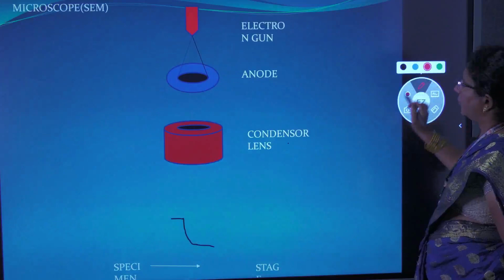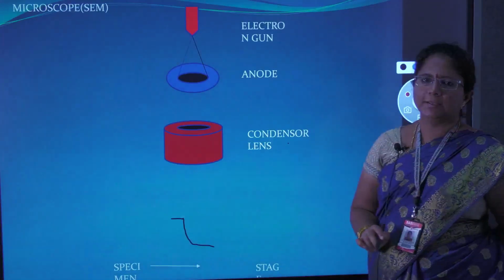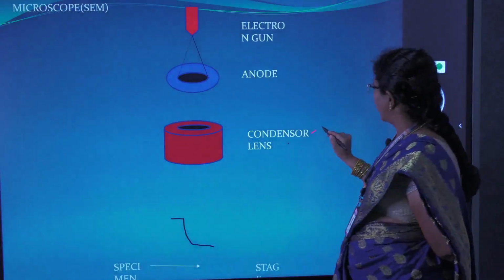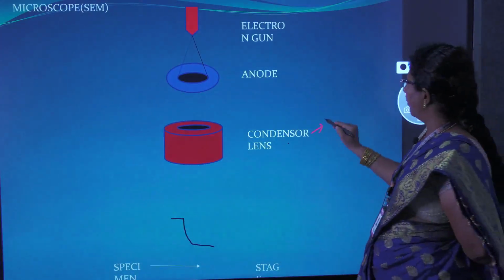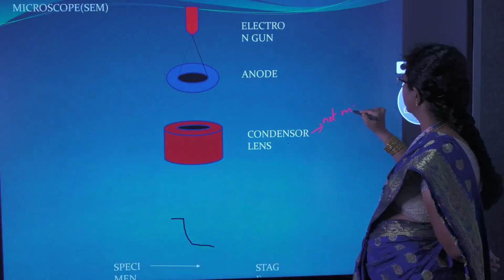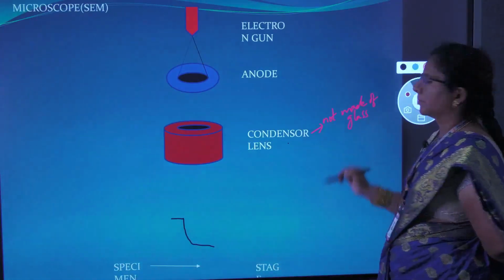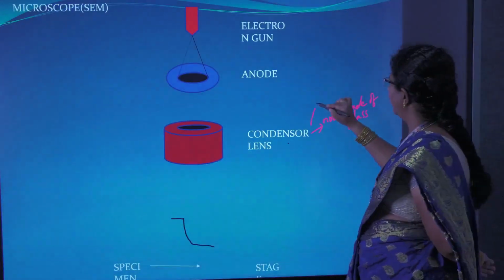So for that we use the condenser lens. These condenser lenses are not made of glass. They are usually made of magnets.